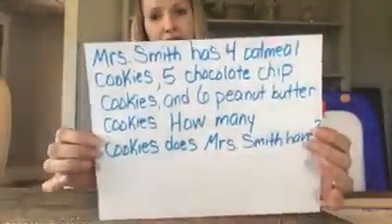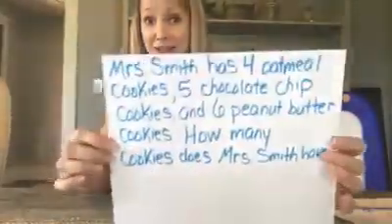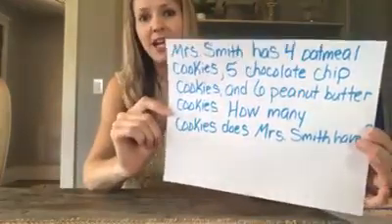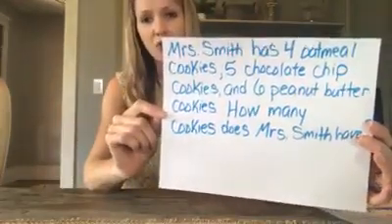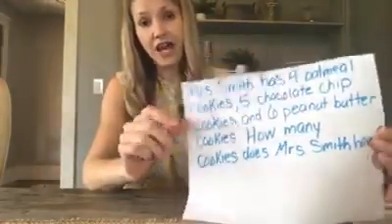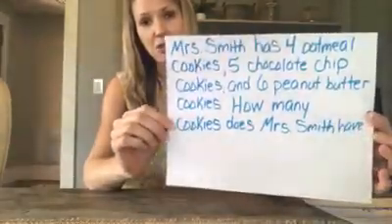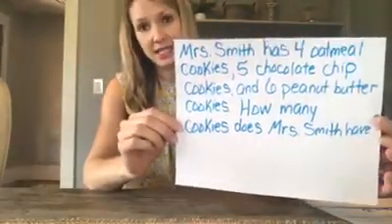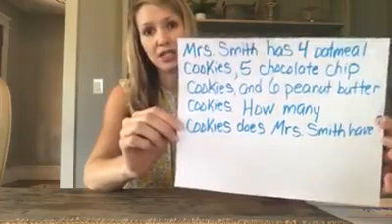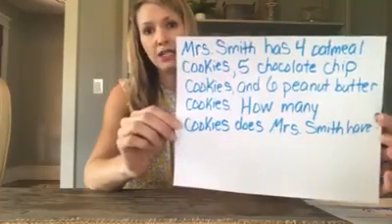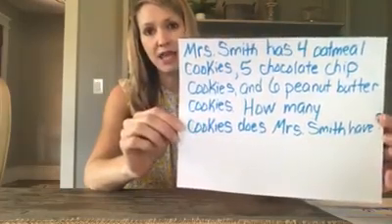So here's our first word problem. It says Miss Smith has 4 oatmeal cookies, 5 chocolate chip cookies, and 6 peanut butter cookies. How many cookies does Miss Smith have?